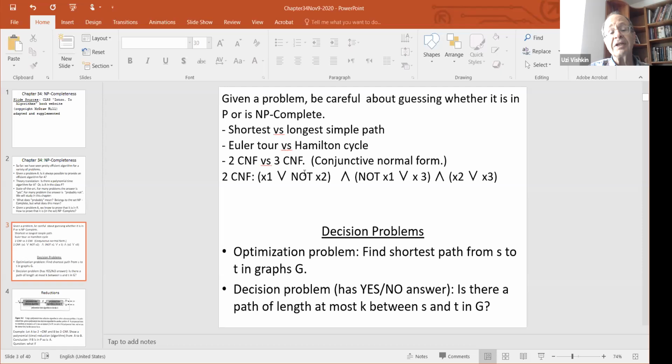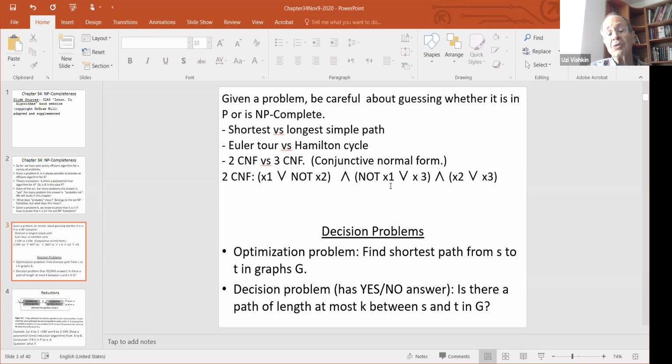And so what is a 2CNF versus a 3CNF? A 2CNF is what we have here, where within every parenthesis, we are allowed to have exactly 2 literals. So observe here, we have x1 and not x2, so 2 literals.